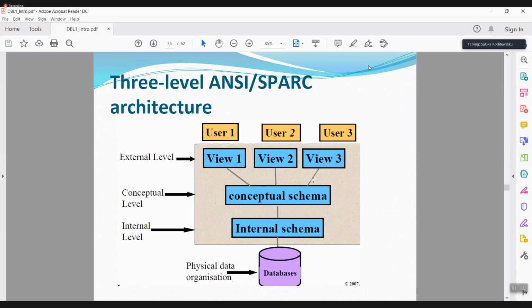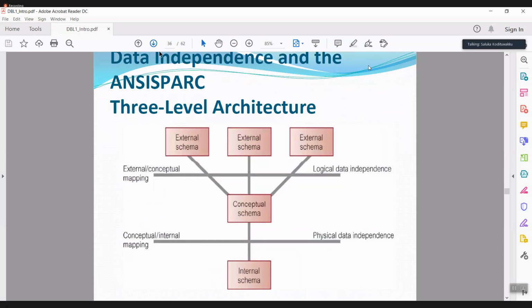Similarly, to facilitate the interaction between the external level and the conceptual level, there is another one, the external-conceptual mapping. Those two mappings facilitate the interaction. In other words, the three-schema architecture of a DBMS is not only these three views; these three views plus those two mappings together facilitate the overall interaction that defines this three-schema architecture.